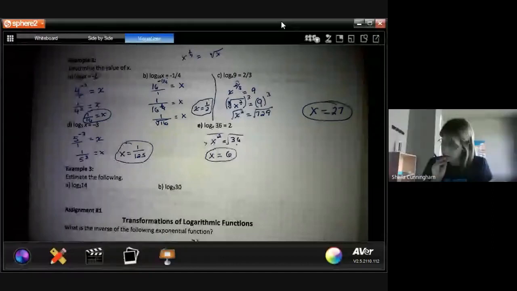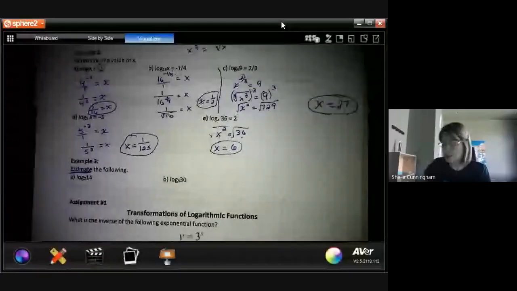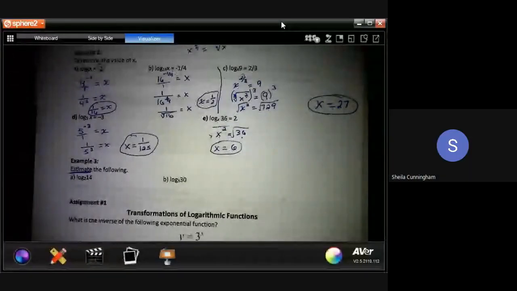Now, example 3 looks into estimating. Estimation isn't about actually finding an exact value. It just wants to know, are you in the ballpark? What would be a logical answer to this? So when you go to estimate, just like when you evaluate something, you want to put this in an exponential form that we can work with.